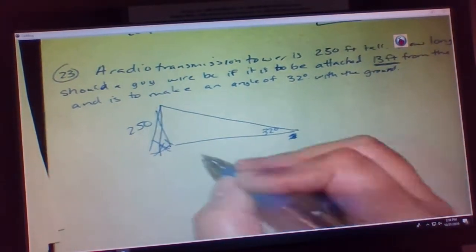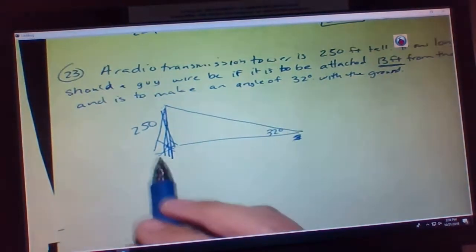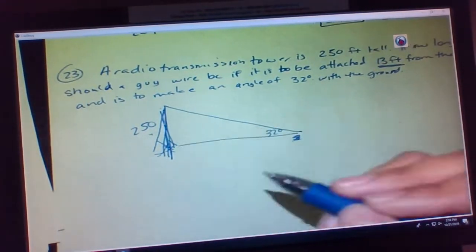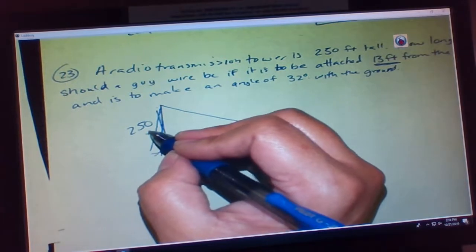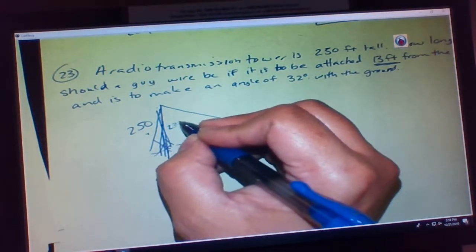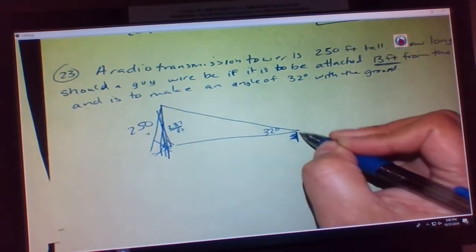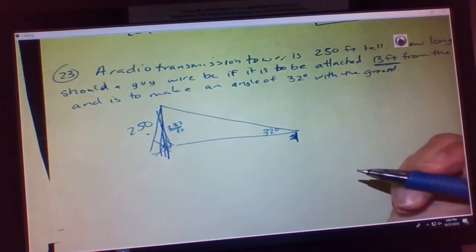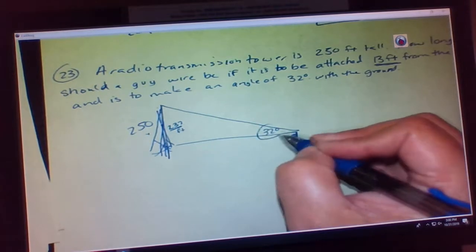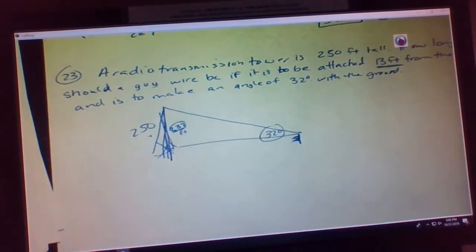Now, basically, what they're trying to say is this, even though the tower is 250, it is not going to be 250. What is 250 minus the 13 that they're talking about? 237 feet. So you could think of it as it's off the ground or not, I don't know. So the numbers you're using is going to be the 32 and the 237, not the 250.